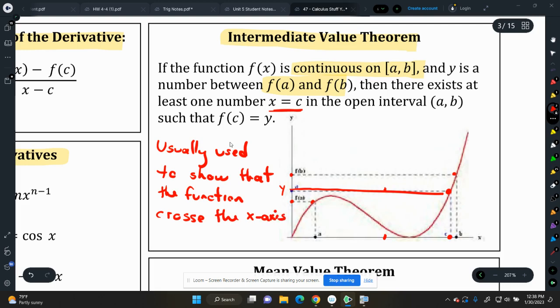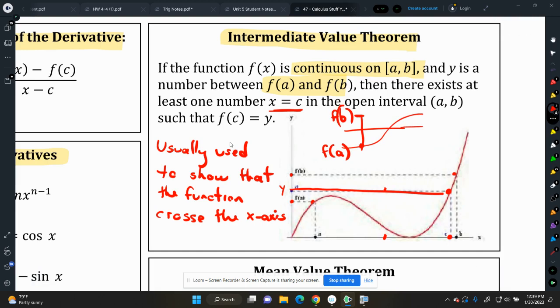So usually what we end up doing is we end up using this to show, so if you have a function that's doing something like this, and let's say that this is your f of b and this is your f of a. Well, according to the intermediate value theorem, there must be some point between a and b where it crosses the x-axis or where it's equal to 0. So this is important to recognize.